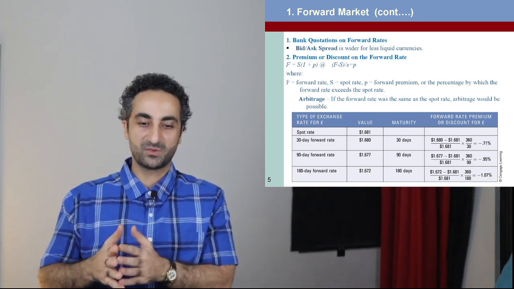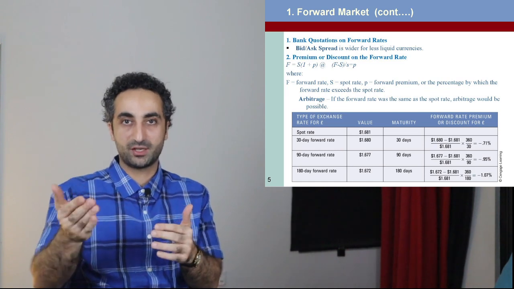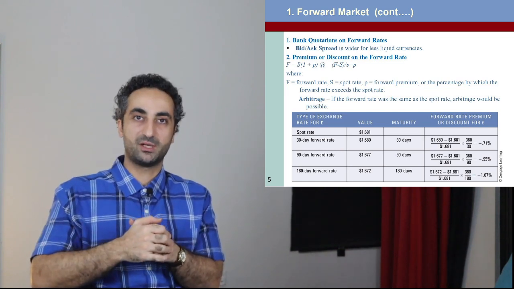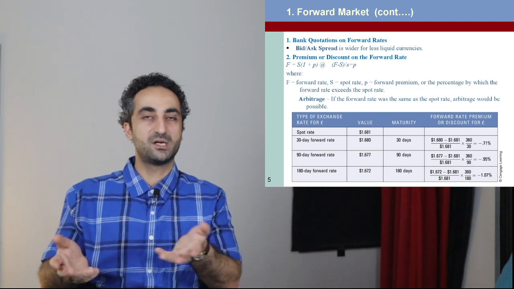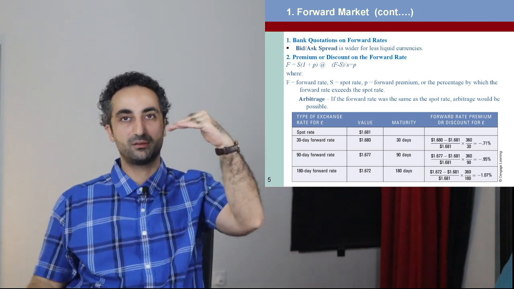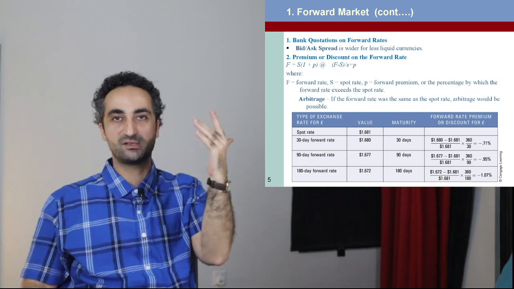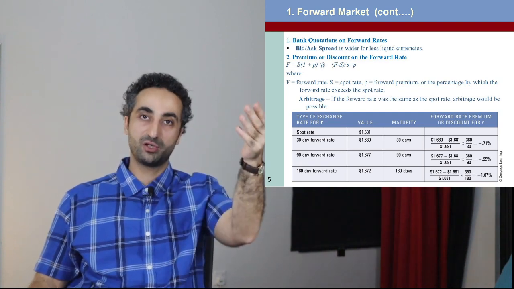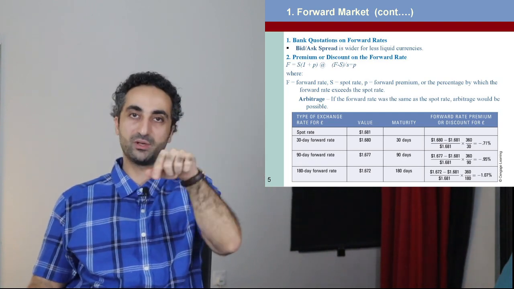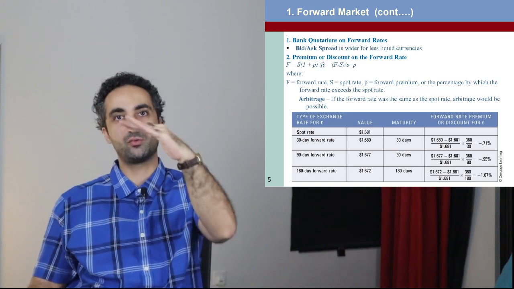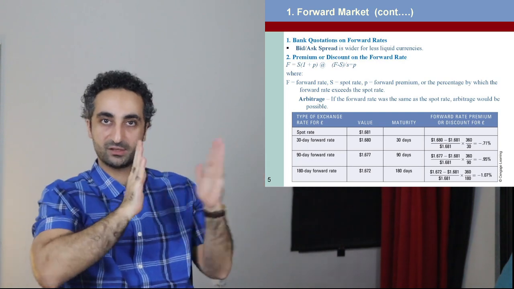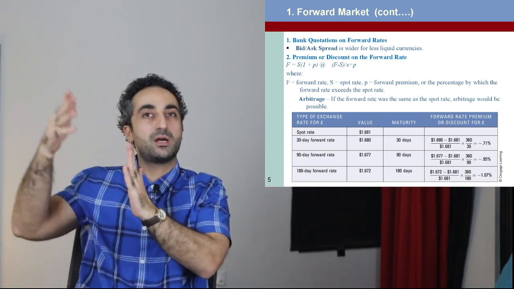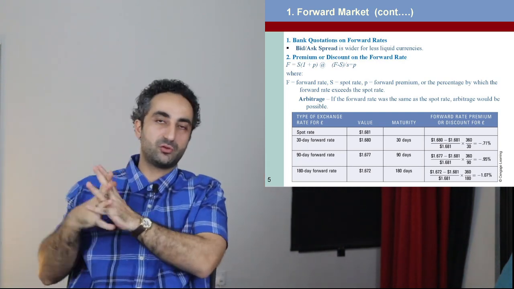Let's see here. Is the price lower or higher? Some people would say, of course it's higher. No, sometimes the currency is depreciating against the USD. So the future rate should actually be lower than the rate right now. So it's not always like this. You first take a look at the history of the currency and then you estimate or expect the future.